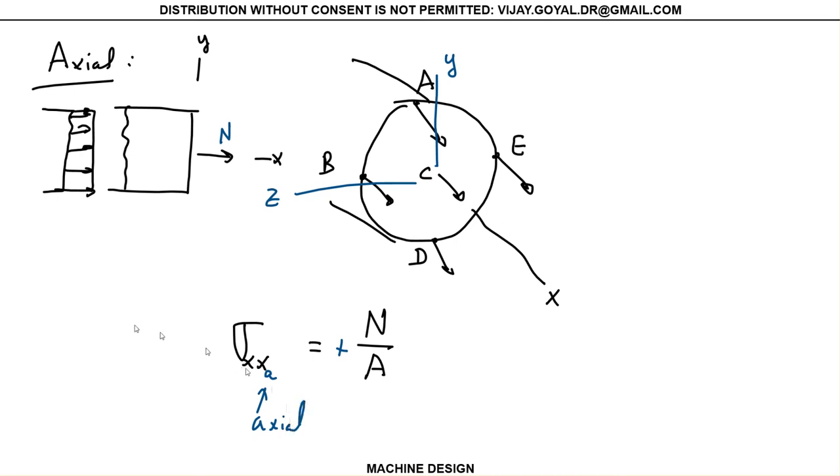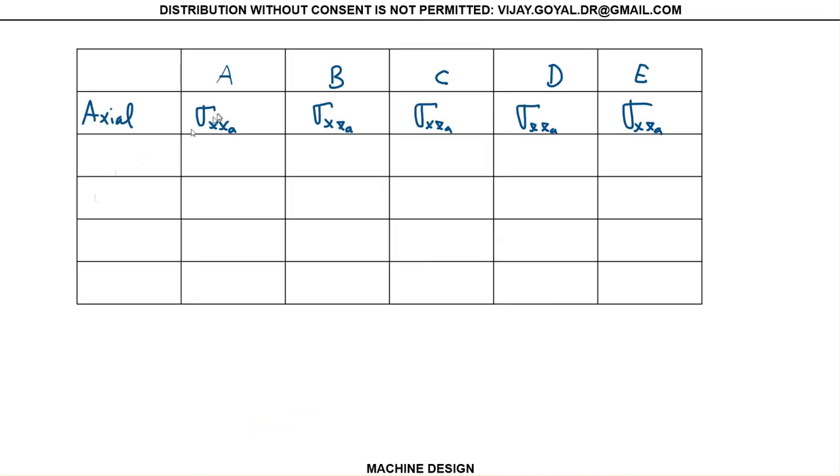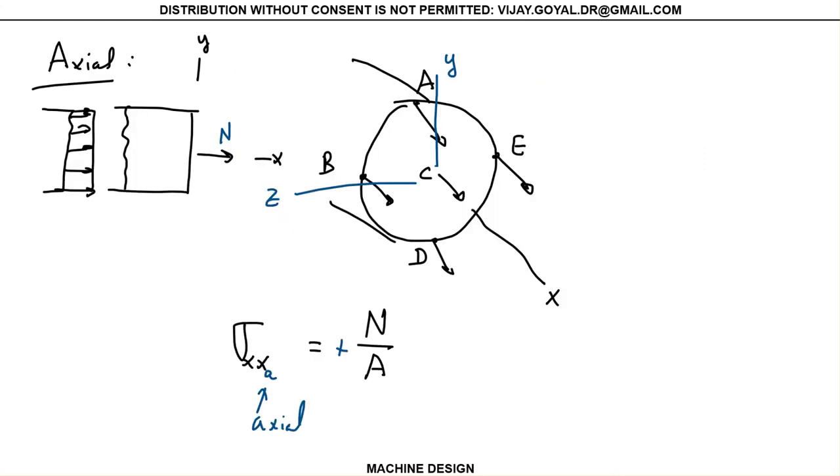That's what we mean by this axial load. And they're all positive, assuming that your N is bigger than 0, that your load is not going in the compressive direction. So this is what the axial load is going to look like.